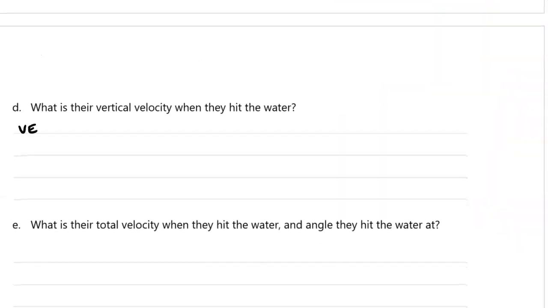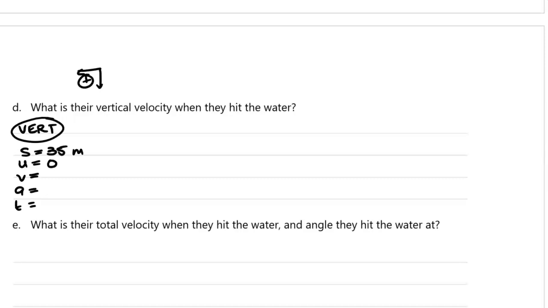So vertically, as a reminder, I said vertically downwards was positive, S, U, T. We said S was 35, U was 0. We're interested in finding V, and we know A was 9.8. Now you could put in T equals 2.7 here, but ideally you use the values that they've already given you because it means you're not worrying about having rounded off an answer.